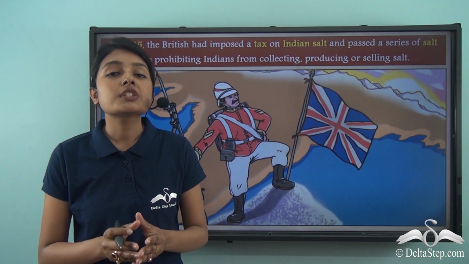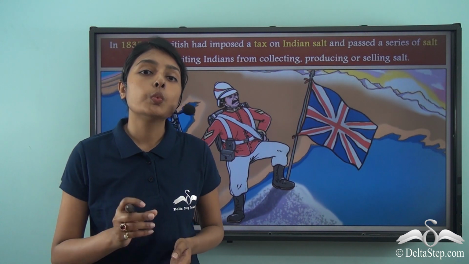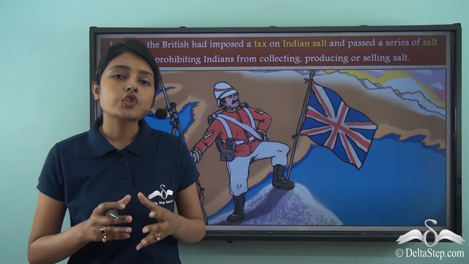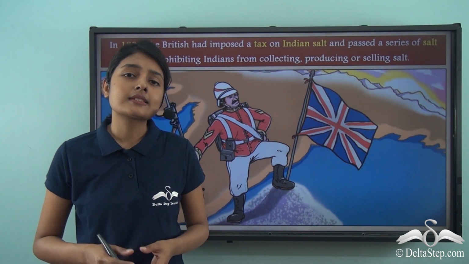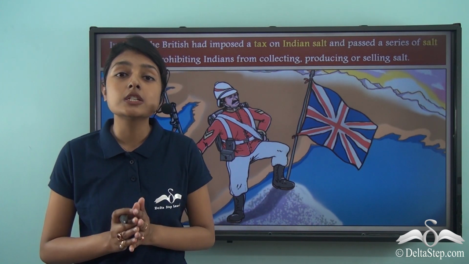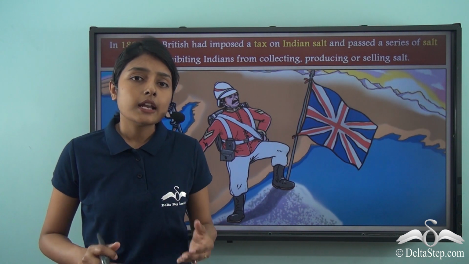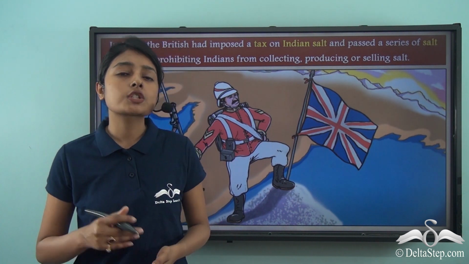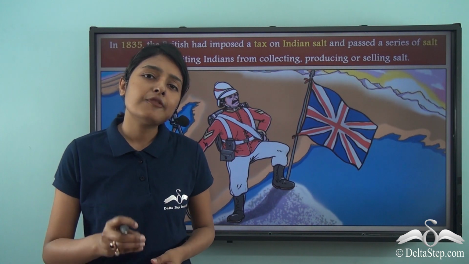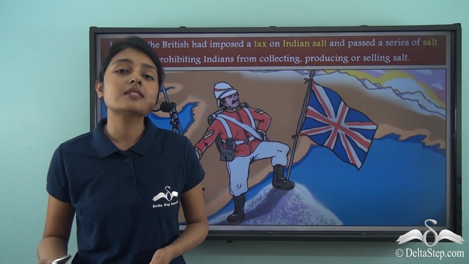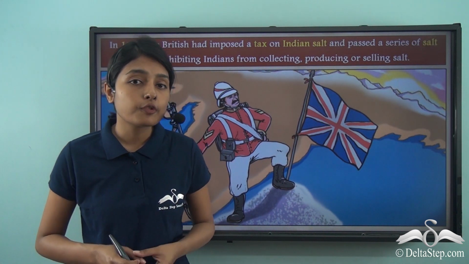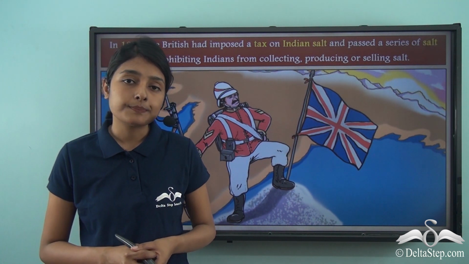And so, what he decided to focus on was salt. Now, salt is a commodity that the Indian masses used and still use, and it's used all over the world. Be that the poorer lot or even the richer lot, everyone in the Indian subcontinent used salt. They needed salt for preparing food for their everyday consumption.